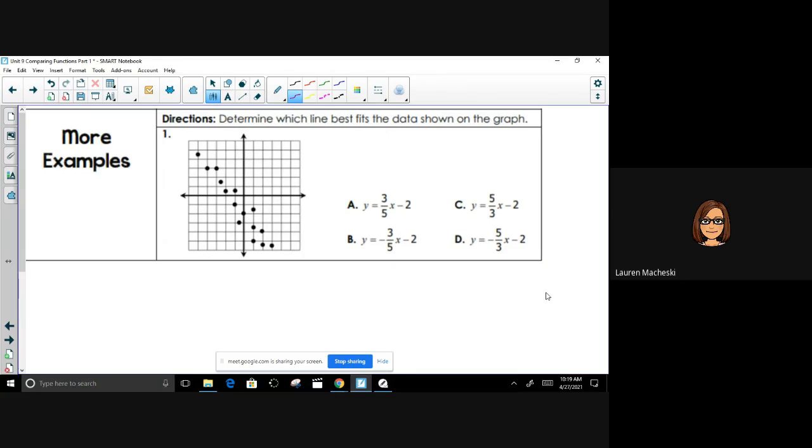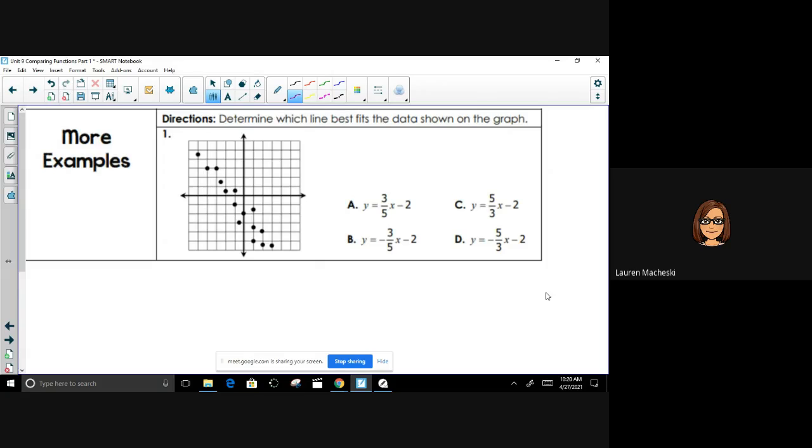All right, look at this first one. What's that scatter plot doing? What do we got going on there? It's decreasing.